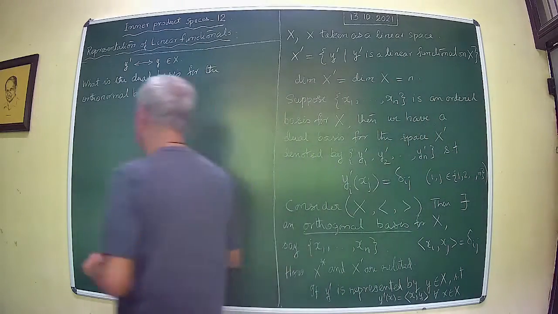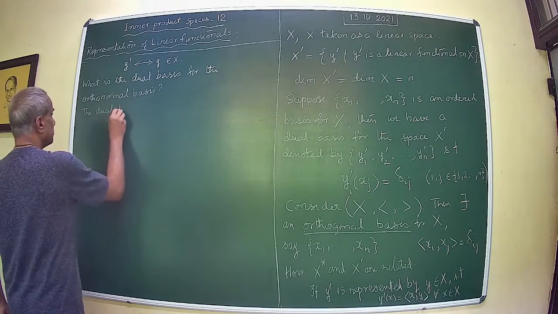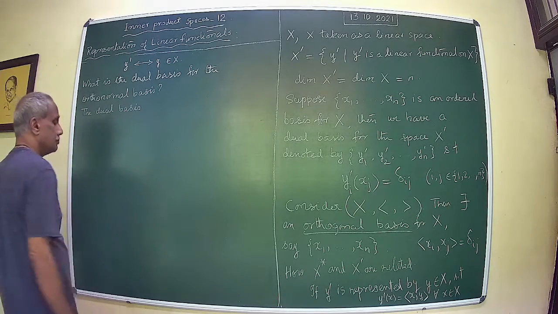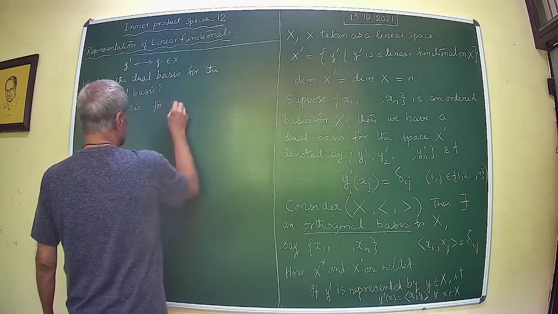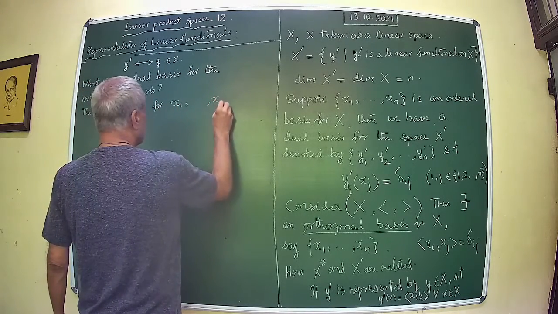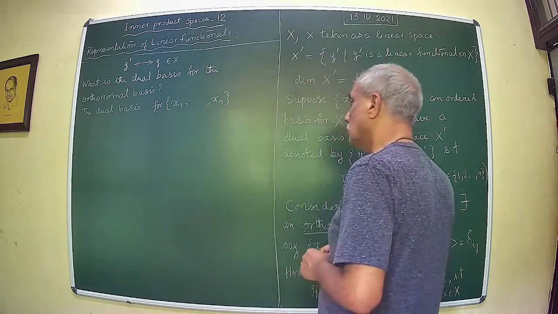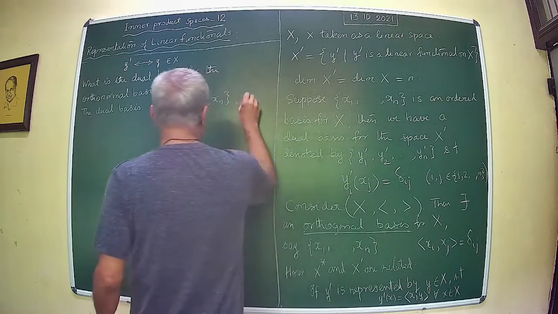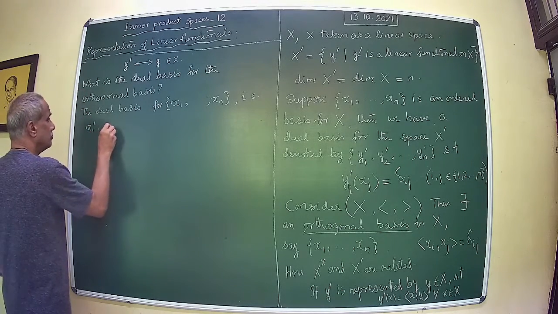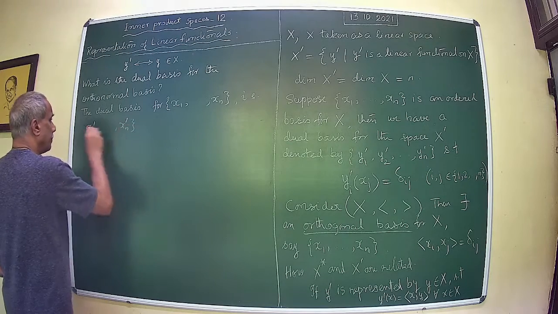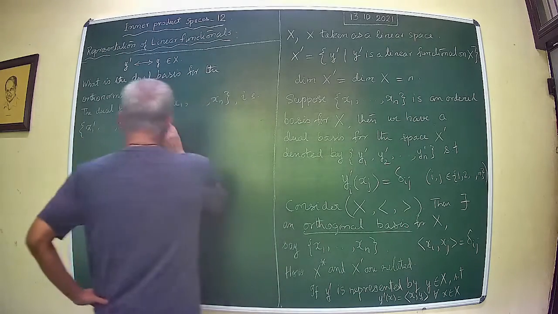One can easily see that the dual basis is x1 prime, ..., xn prime in x prime such that xi prime of xj equals delta ij.